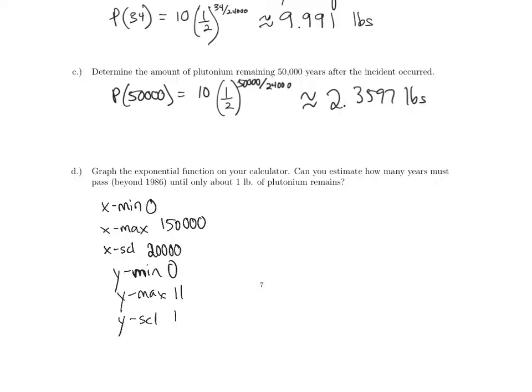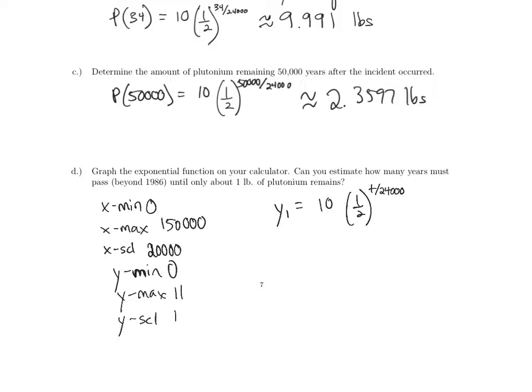Now, I'm going to walk you through it, but if you want to pause this and just try it yourself on your calculator, what you're going to do is go to your menu and type in the function. Just make sure that all of this t divided by 24,000 goes in the exponent. And we're going to try to find out when about 1 pound of plutonium remains.